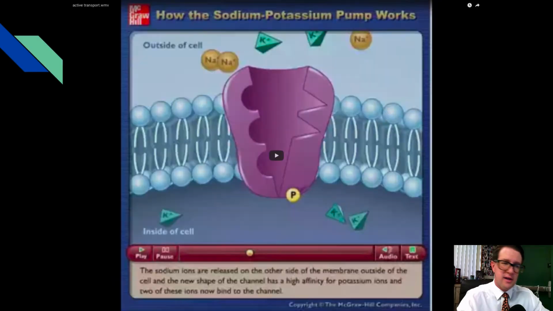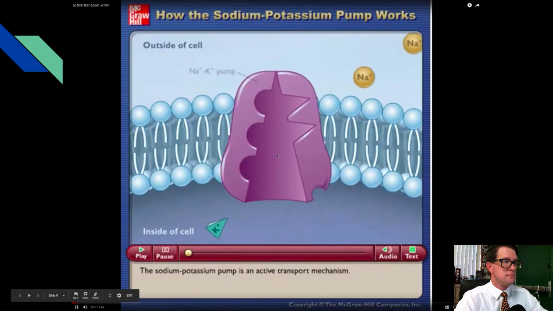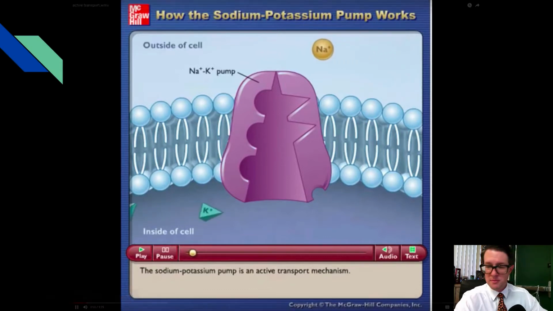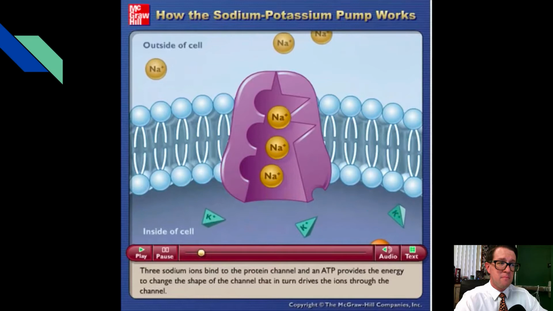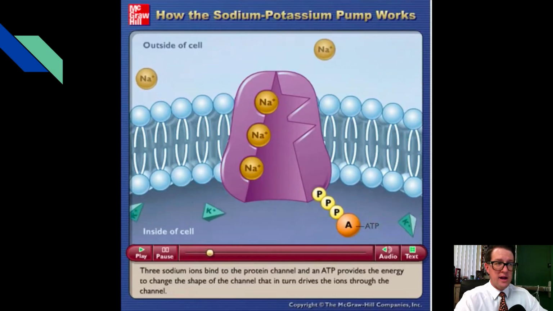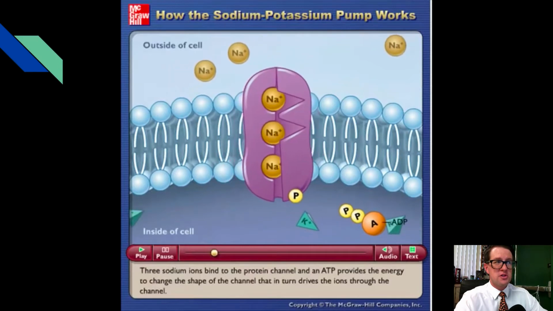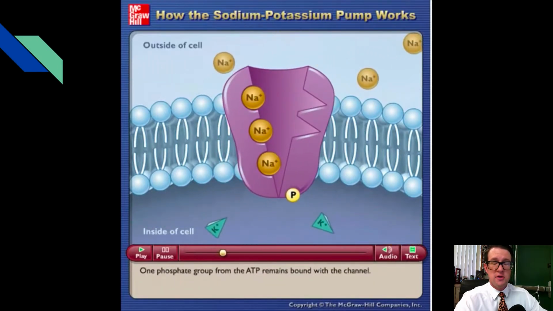What does that look like? Excellent question. Looks something like this. So we have our protein pump. Sodium ions will bind. ATP will bind and break apart. It breaking apart will actually force this protein, the pump, to change its shape, which will allow the sodium ions to leave.